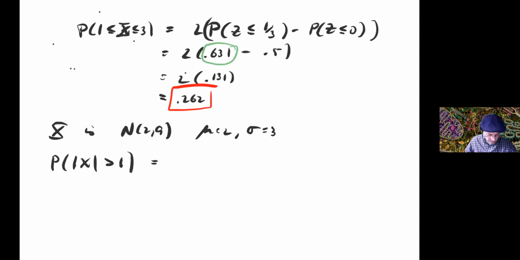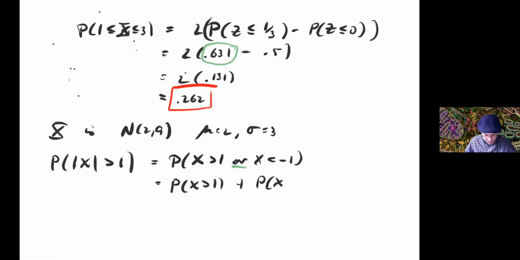This is the probability that x is bigger than 1, or the probability x is less than -1. That's an or. But that's the same thing as the sum of the probabilities that x is bigger than 1 plus the probability that x is less than -1.